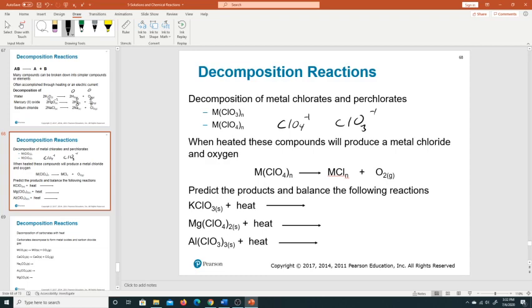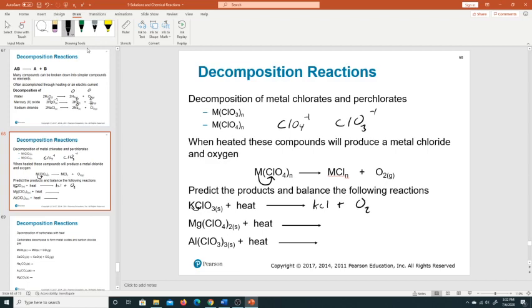So when metal chlorates or perchlorates decompose, you're going to make the metal chloride. The metal is going to combine with the halide. This chlorine could also be a bromine, so it could be a metal bromate or perbromate. These examples all involve chlorine. So K is going to combine with Cl to make KCl plus oxygen gas.